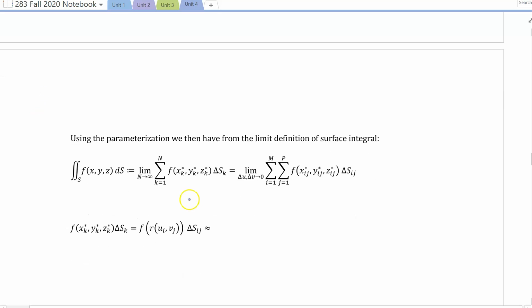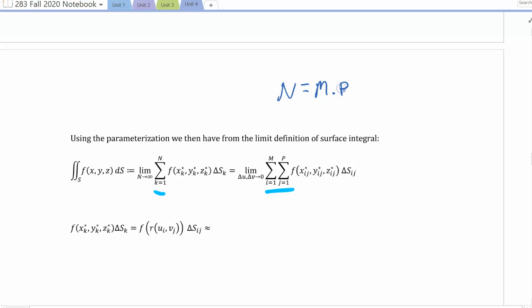What I'm doing here is, instead of writing a single sum and letting k run from 1 to n, we're going to think about this as a double sum. The reason we're doing that is we're counting up the total number of subrectangles in the UV plane by using the partition for the u-axis and the v-axis. Notice this number capital N will be the product of whatever M and P are.